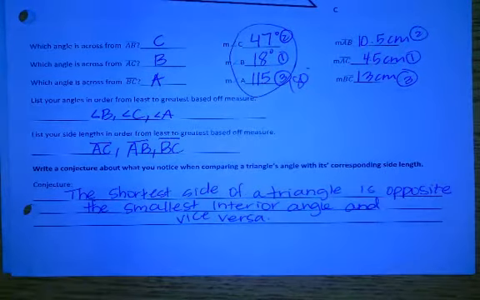Okay, so the shortest side is opposite of the shortest angle. The longest side would be opposite of the largest angle. Questions on that?